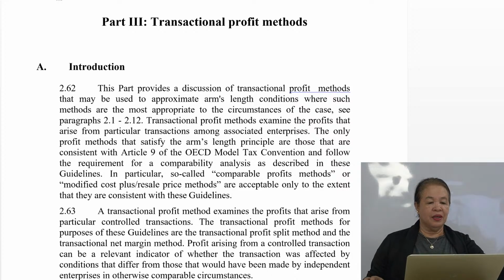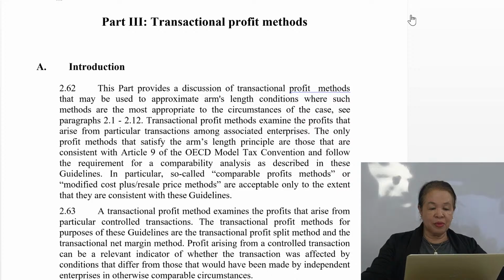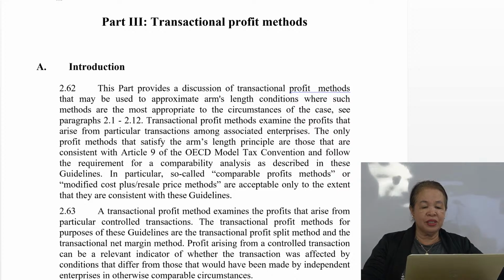No? Transactional profit method examines the profits that arise from particular controlled transactions. The transactional profit methods for purposes of these guidelines are the transactional profit split method and the transactional net margin method. No? So profit arising from a controlled transaction can be a relevant indicator of whether the transaction was affected by conditions that differ from those that would have been made by independent enterprises in otherwise comparable circumstances.